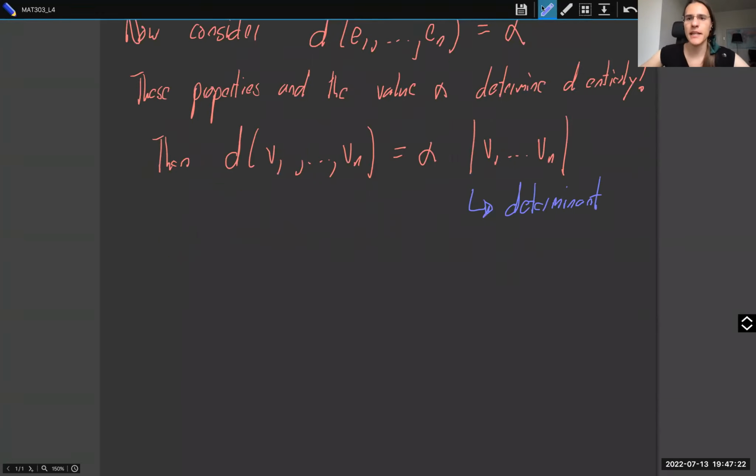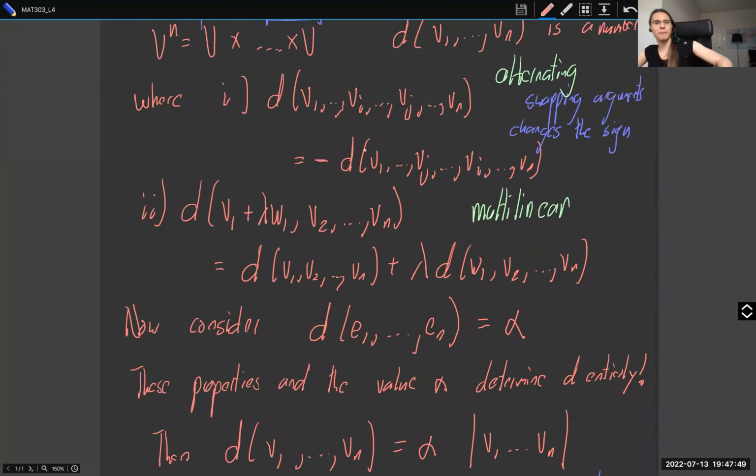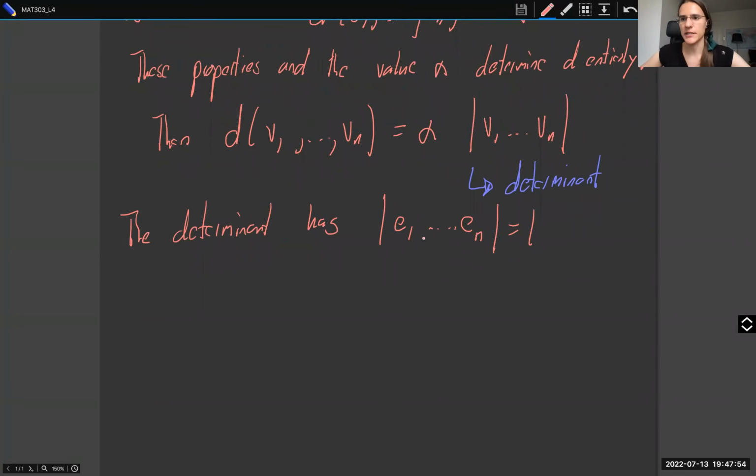And the determinant satisfies the property that if d is the determinant, then that's equal to alpha times the determinant. So alpha is 1. So the determinant has that if you put in the elementary vectors, then you get 1. So the determinant is uniquely specified by being alternating, multilinear and being 1 on the standard basis.